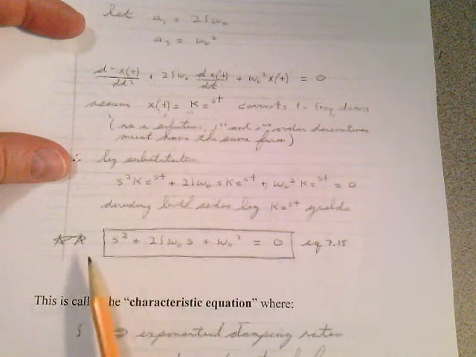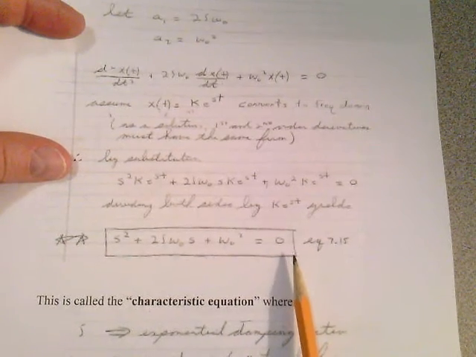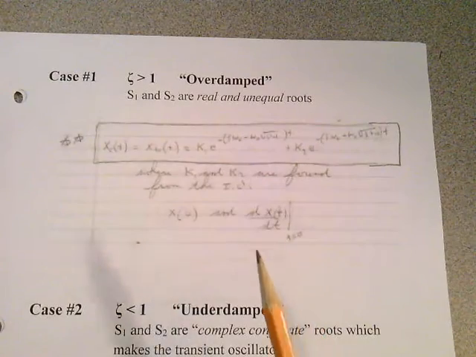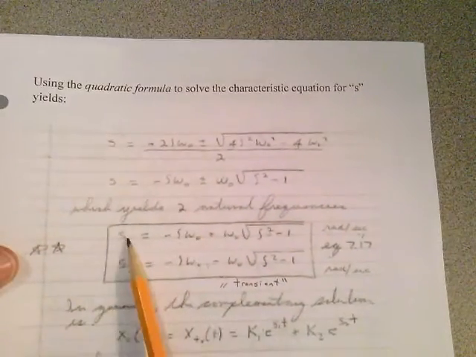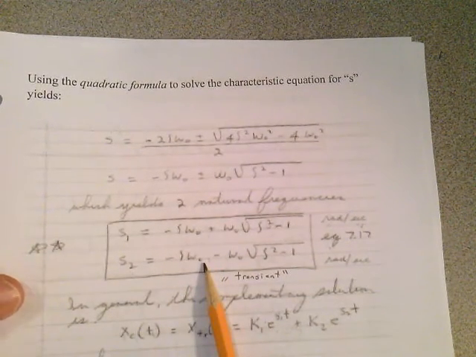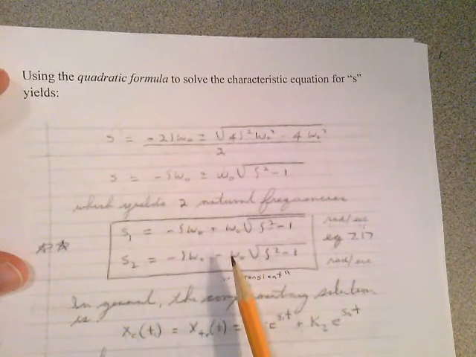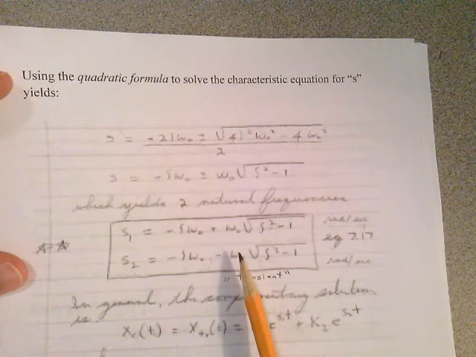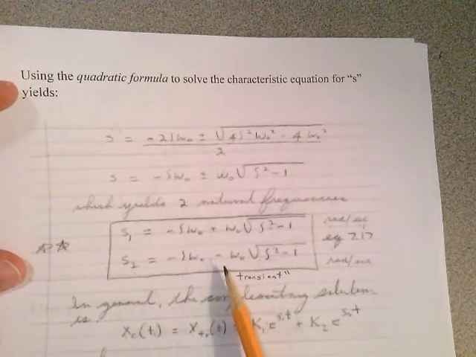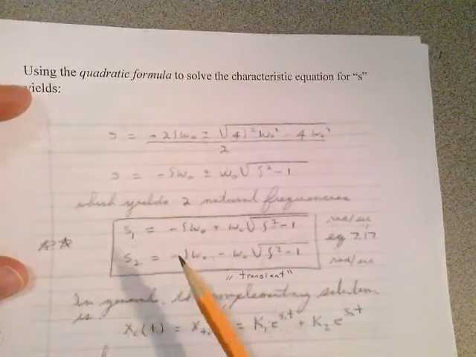If you solve the characteristic equation, which we're going to do here in 3 examples, using the quadratic formula you get S1 and S2 equal to natural frequencies. I used the quadratic formula, but you could factor the characteristic equation and pull off the natural frequencies directly, and we're going to do that in one problem in a minute.